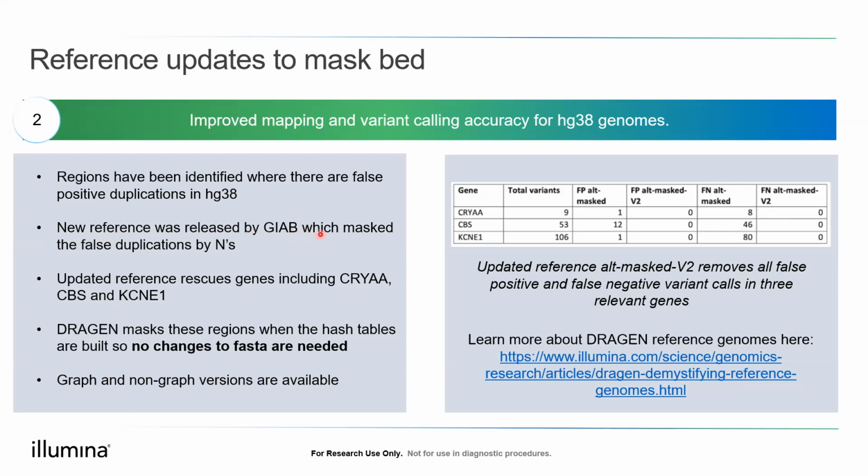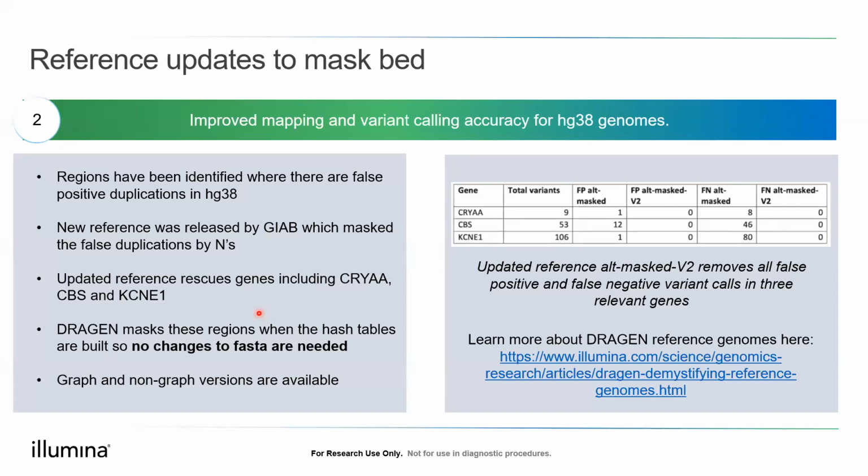What they did in that new reference was mask these false duplications by Ns. What we have done on the DRAGEN side is, because we are now using an alt mask bed file to construct the hash table for DRAGEN, we have just updated the bed file to rescue these genes, essentially.